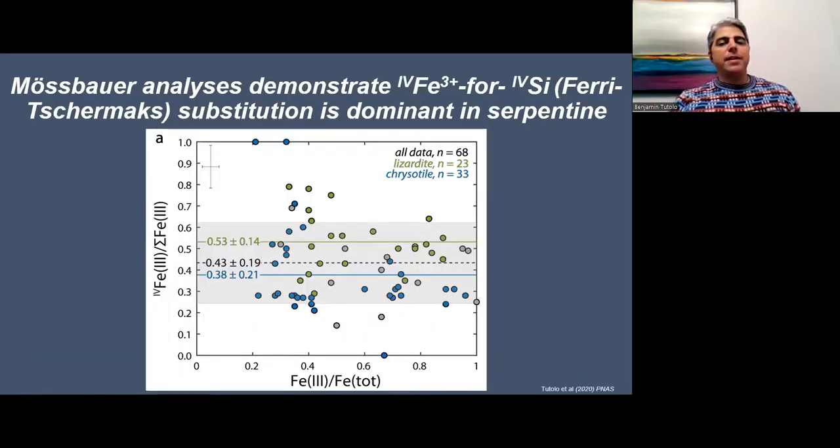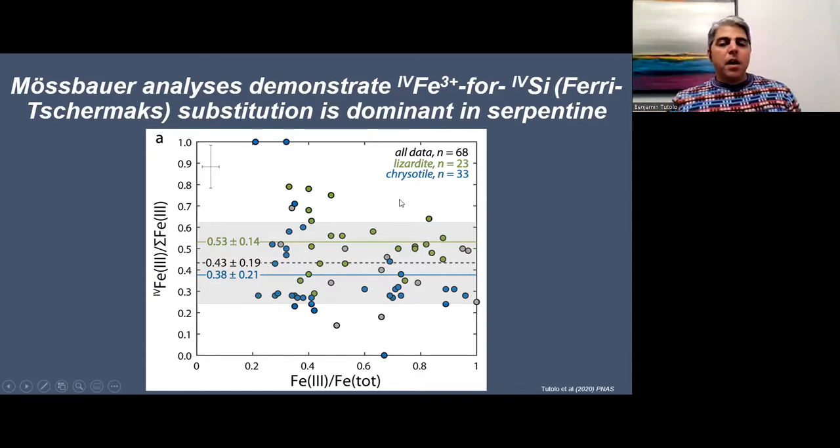If I then collect all of the varied Mossbauer analyses of iron coordination and oxidation state in serpentine minerals, I end up with a total of 68 individual analyses, 23 of which are specific to the mineral lizardite, 33 of which are specific to the mineral chrysotile, and some that are ambiguous as to what the actual end member serpentine is.